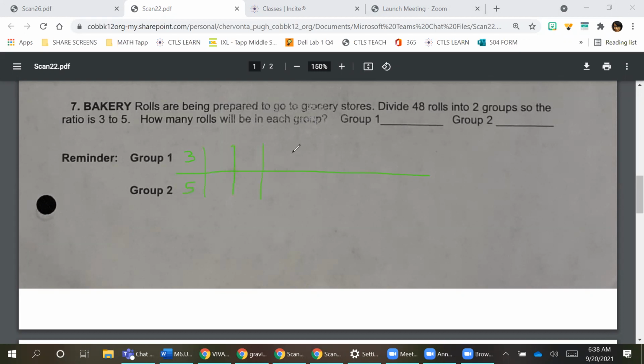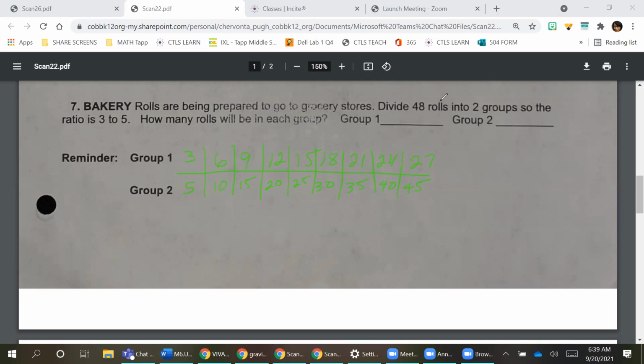And we are going to write out some multiples of our 2 numbers. So 3, then 6, 9, 12, 15, 18, 21, 24, 27. Let me stop there and see if I need to add more in a second. Let me get my multiples of 5. 5 and 10, 15, 20, 25, 30, 35, 40, 45.